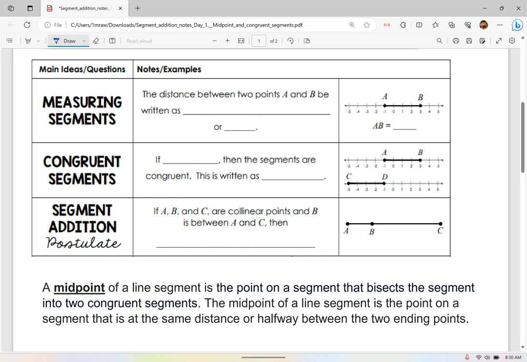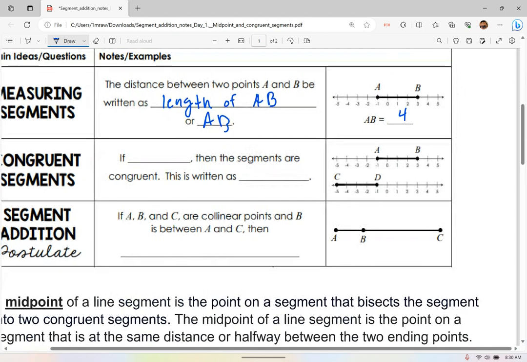That's the length of AB, and you should be able to see that AB is 4. That's the distance between the two points. Distance is always going to be a positive value, even if you're going left or right, because we're talking about length, a measurement. It shouldn't be negative. Sometimes you might hear the word absolute value.